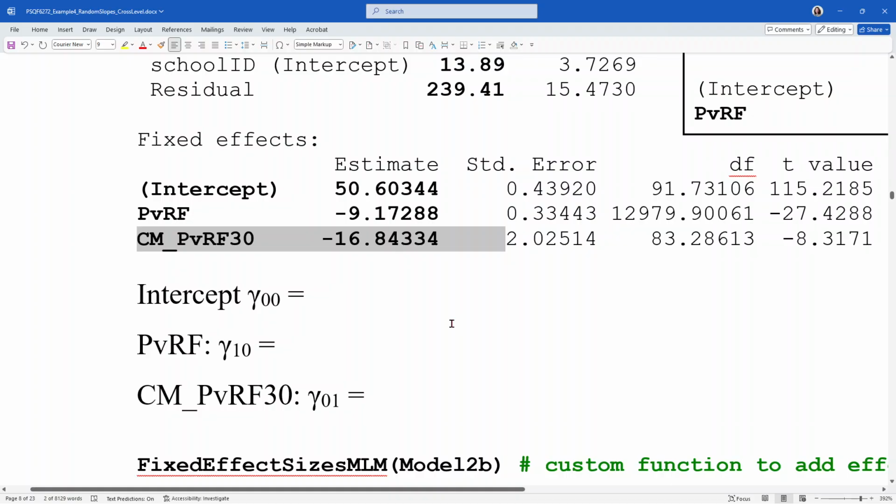For every additional unit of school mean lunch, math is lower by almost 17 points. Now, school mean lunch, what the hell is that? If you write that in a paper, no one will follow you. What am I referring to in English?